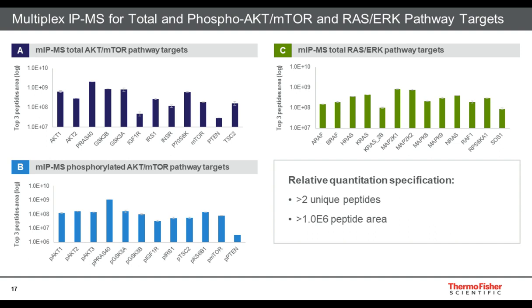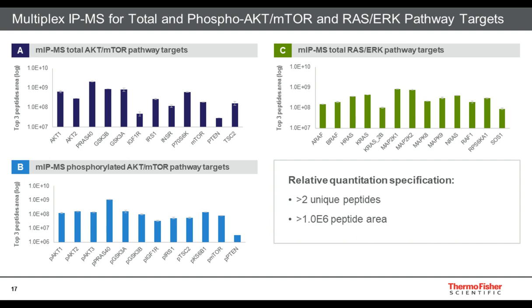And our specification to get the relative quantitation is identifying at least 2 unique peptides for each target, and also getting more than 1e6 peptide area for each one of the unique peptides that were identified for each target.